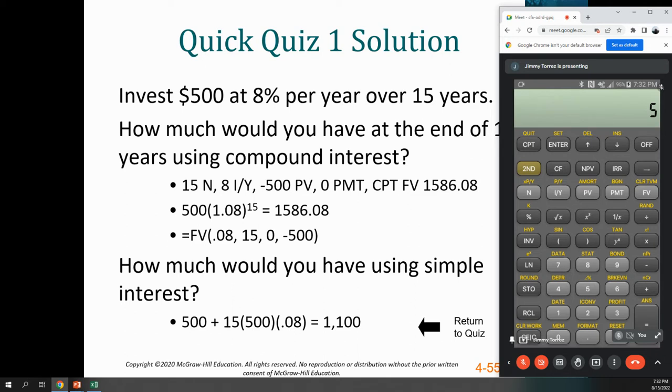Let's see. 500 times 0.08 gives me 40, times 15 gives me 600. Not 200. I must have not hit the 1 right a little while ago. Be careful. So I had $600 in simple interest. And I add the $500 that I put in originally, and I get $1,100. That's how much I have with simple interest. Of course, the difference, that $486, is what I get from interest on interest, or compound interest. Okay.